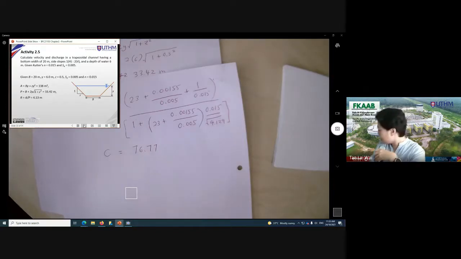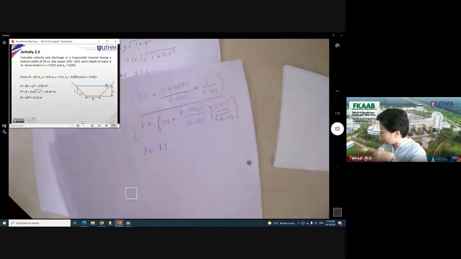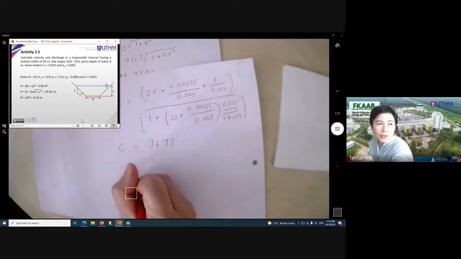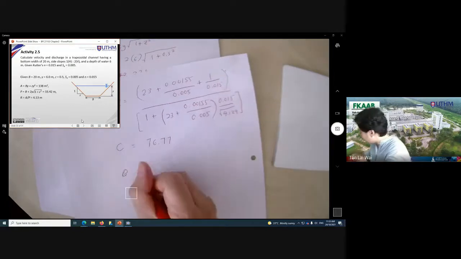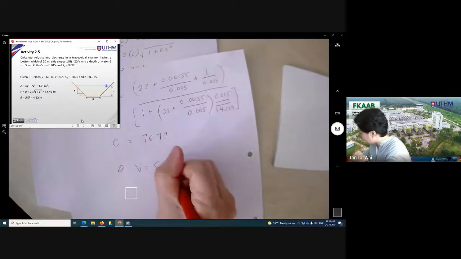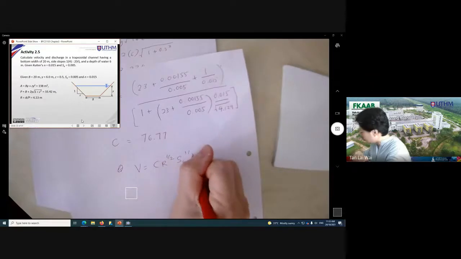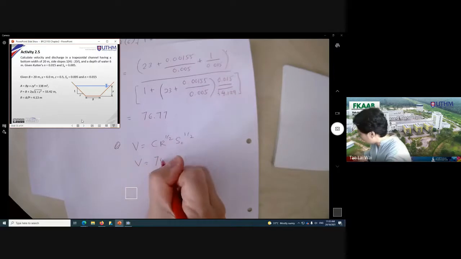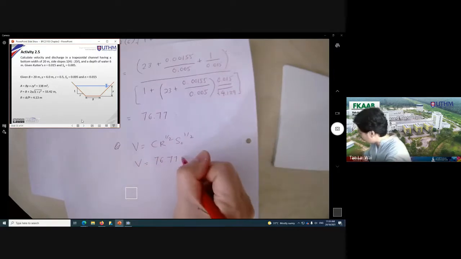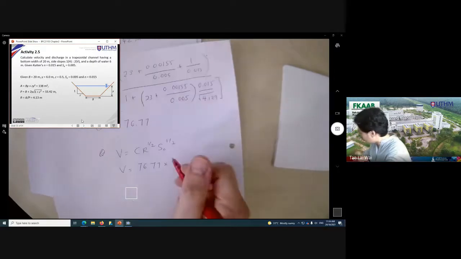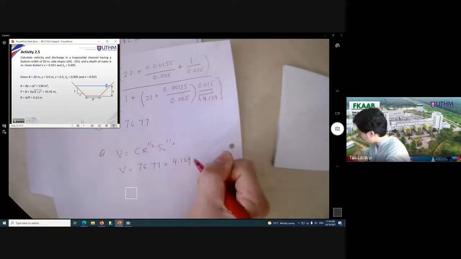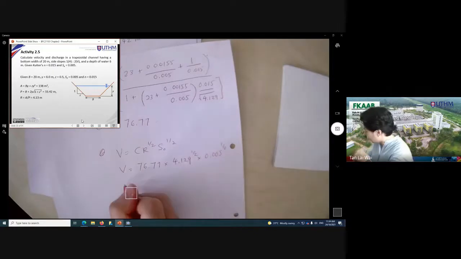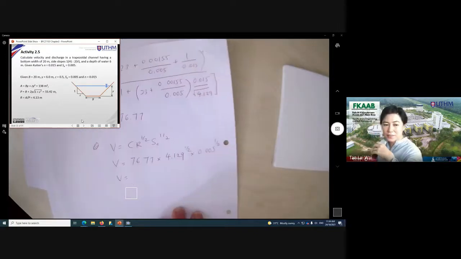Okay, is this the one? Yeah, correct. Okay, this is the one. So the question asks for velocity, okay? What will be the velocity?